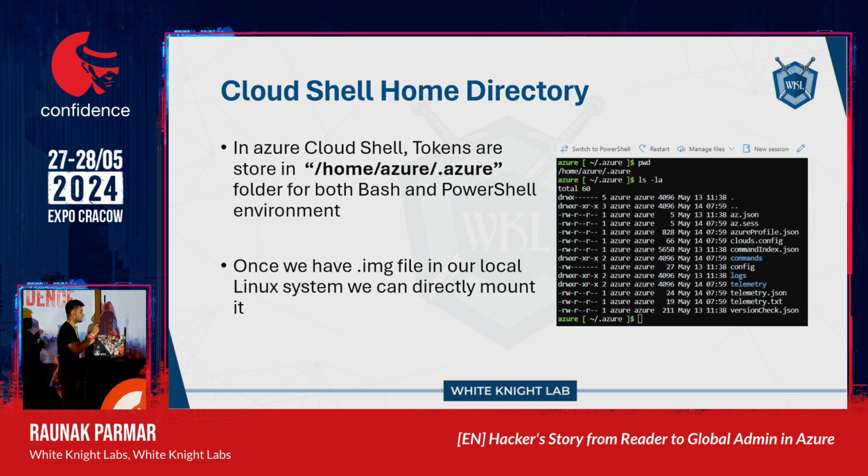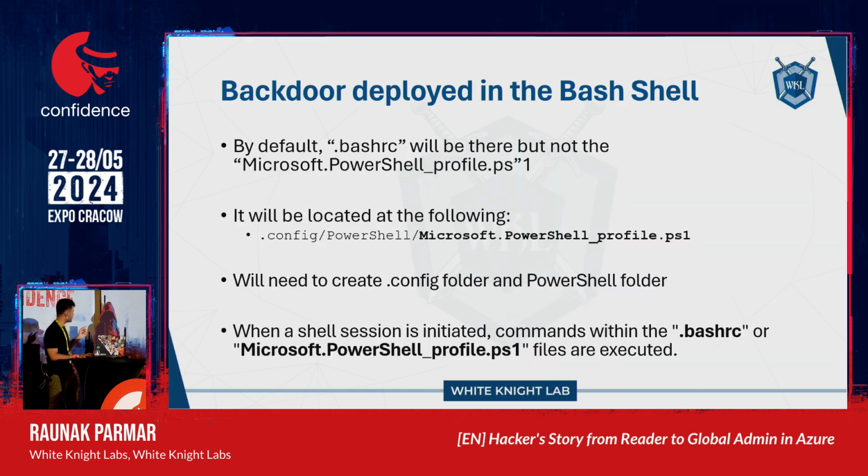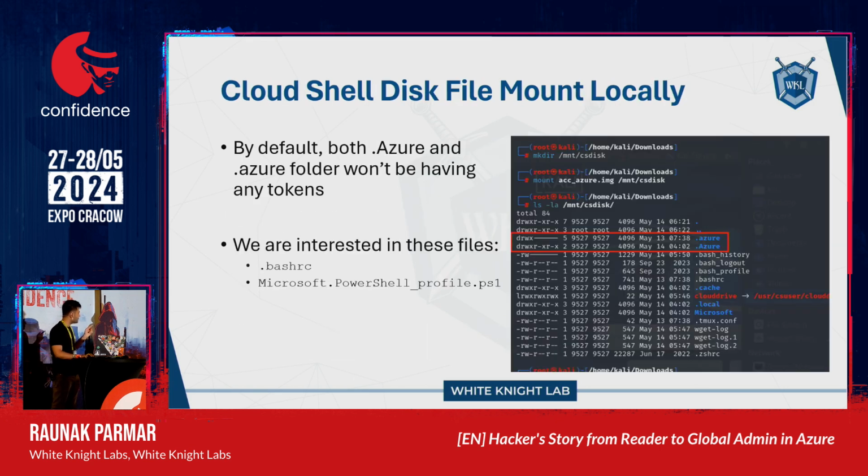Let's say I download that .img file and mount it in my own local system and do some backdooring. There are two files: .bashrc and Microsoft.PowerShell_profile.ps1. If a user opens a Bash Cloud Shell, any code written in .bashrc will get executed.